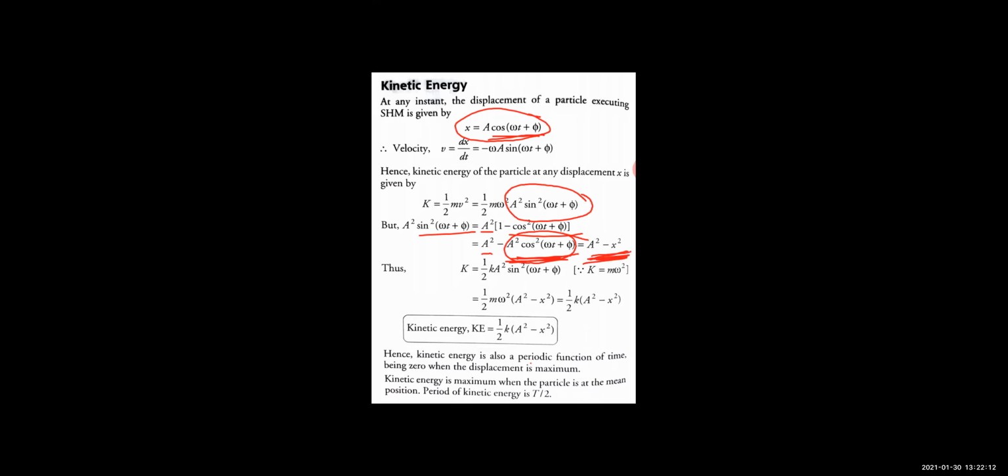So see children, your kinetic energy K is equal to half mω² times A² minus x². Here mω² is k, that is the spring constant, you remember, the force constant, right?